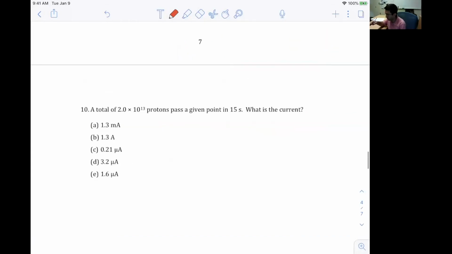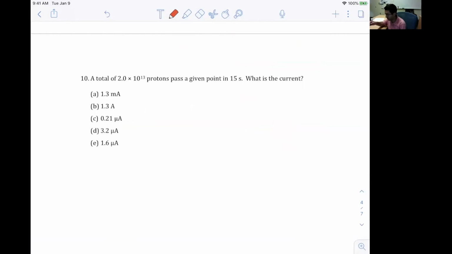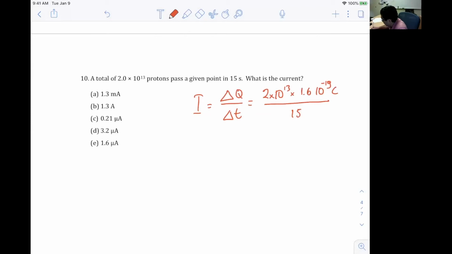10, a total of 2 times 10 to the 13 protons pass a given point in 15 seconds. What's the current? Let's remember the definition of the current. It's the charge per time. But it's giving the protons, so we need to convert to coulombs. It's 1.6 times 10 to the minus 19 coulomb each, and it's passing in 15 seconds.